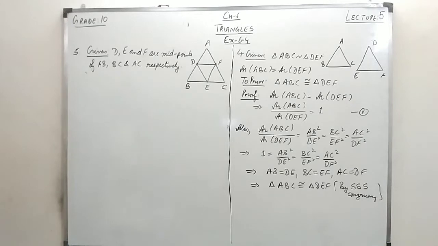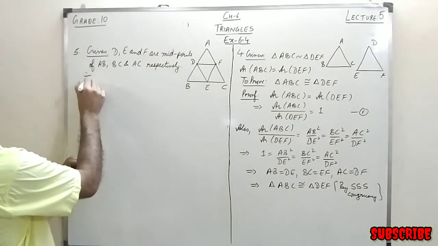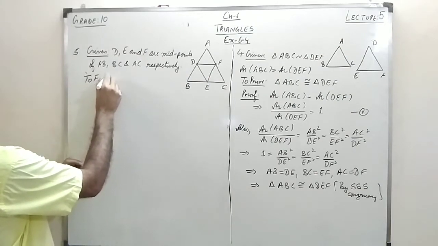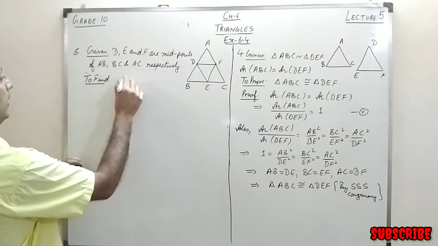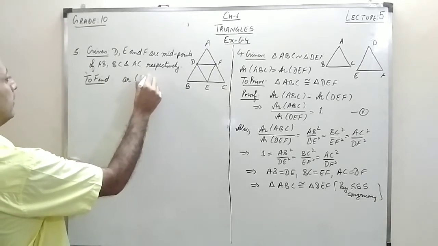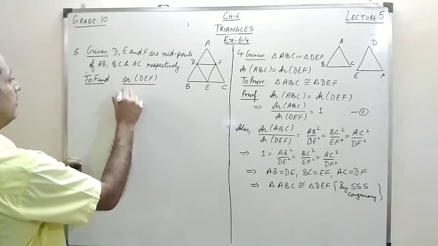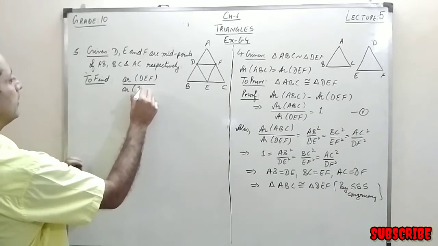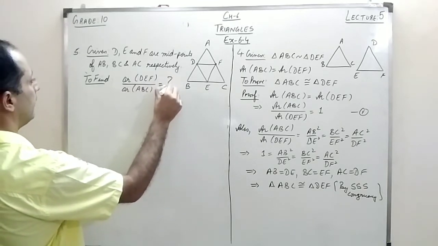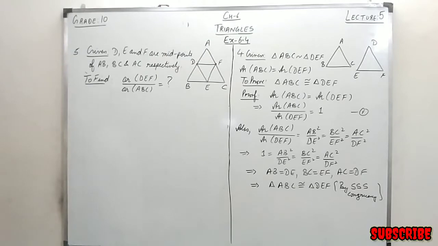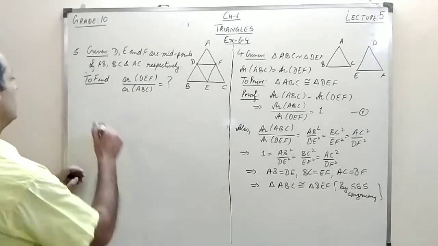And we have to find the ratio of the area of DEF upon area of ABC. This is the thing we have to find, right? So before we can apply the area of similar triangles property on this, the first thing we have to keep in mind is that we have to prove these two triangles as similar. So how can we do that?